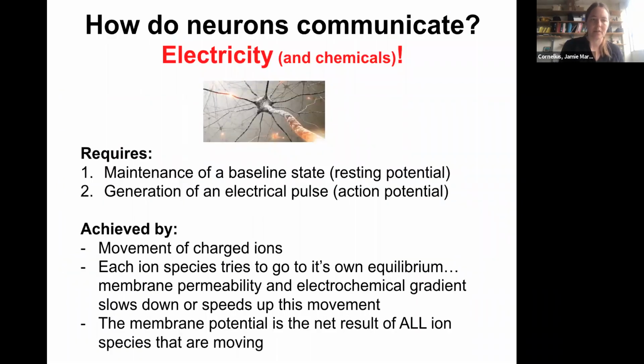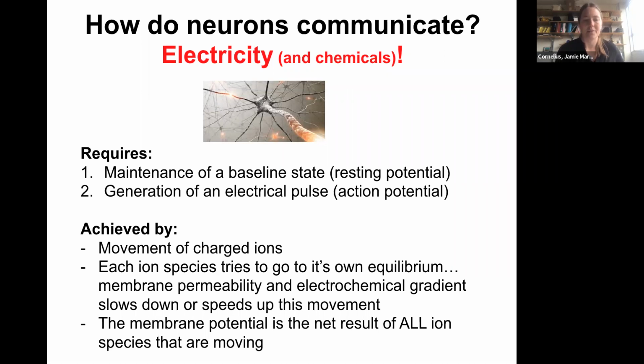Okay, so moving into part 2, how do neurons communicate? They use electricity and chemicals in order to send impulses and to be able to communicate really quickly. So this requires that you maintain a baseline state, and that's when we're going to talk about the resting potential, and then also be able to generate an electrical pulse, which is an action potential, and to communicate those action potentials between cells.